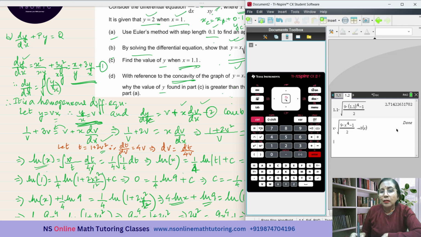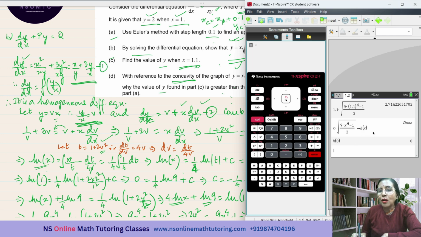It is done. Let me just check. I'm taking 0 just to see whether it's working. What will be the value of h of 0? Because x is 0, the value of h of 0 has to be 0. Let's see what answer we get. It is 0.